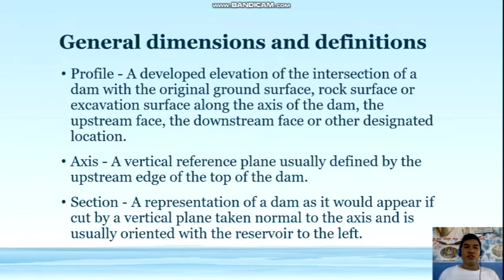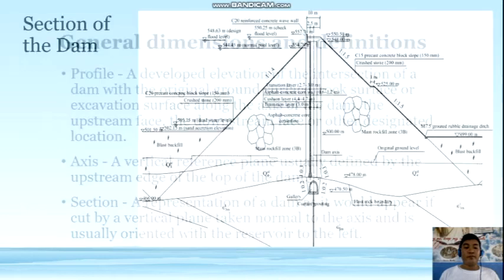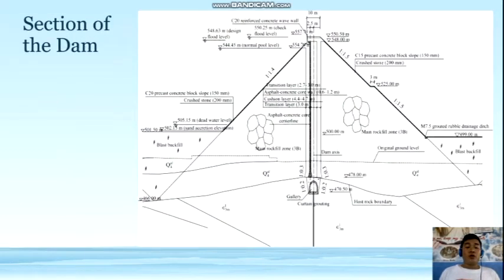So next is the section. A section is a representation of a dam as it would appear if cut by a vertical plane taken normal to the axis and is usually oriented with the reservoir to the left. So this picture is an example of a section of a dam.